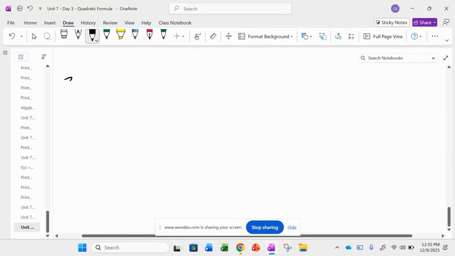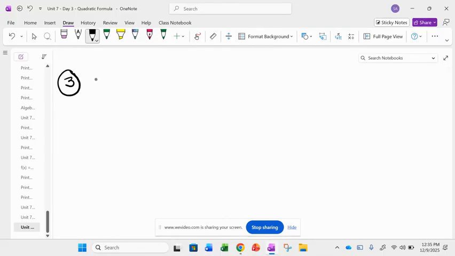Okay, next one. Root 6 x squared minus 4x equals 4x plus 2 root 6.